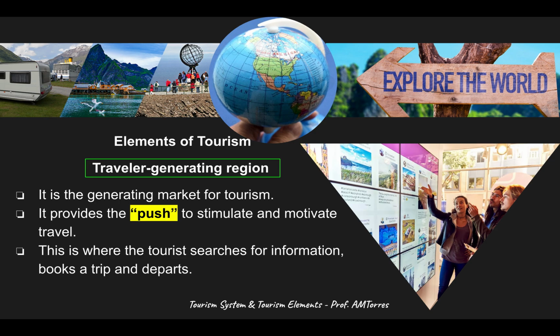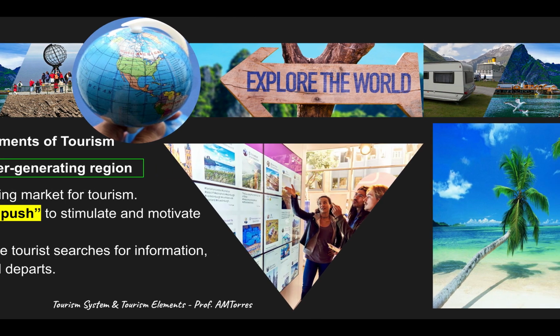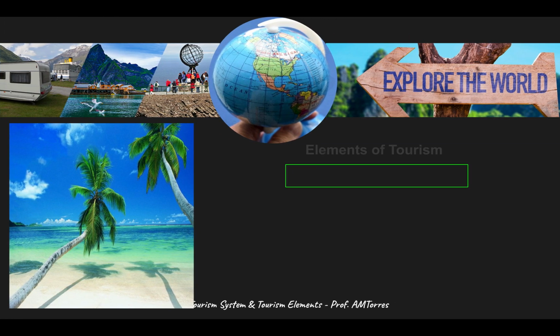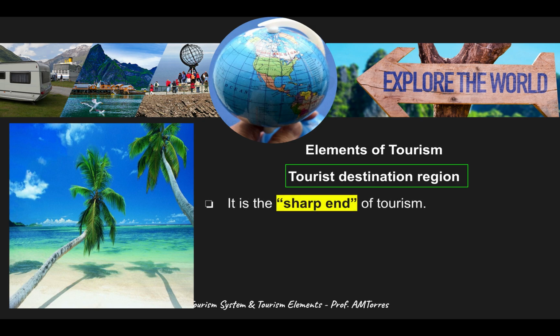And this is also a place where they book and where they depart. So that's very easy to understand, the traveler generating region. And then another is the destination. Okay, so the destination is the sharp end of tourism. What does this idiomatic expression mean, the sharp end?